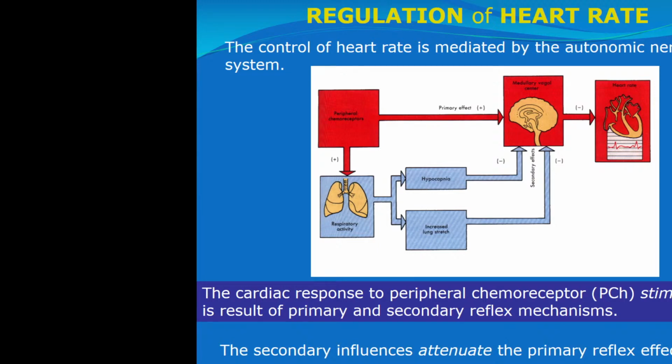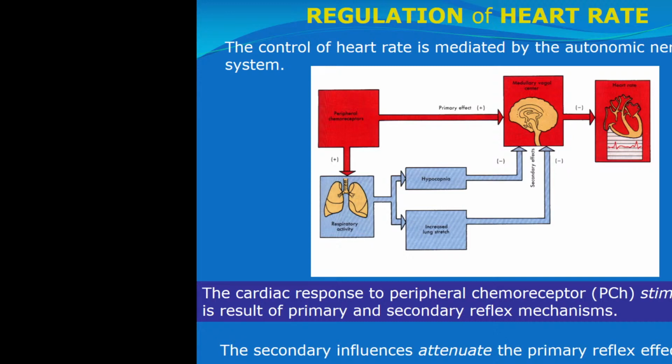In the nervous system, the chemical messengers are neurotransmitters sent straight from one cell to another across a tiny gap. In this slide, you see regulation of heart rate. The control of heart rate is mediated by the autonomic nervous system.